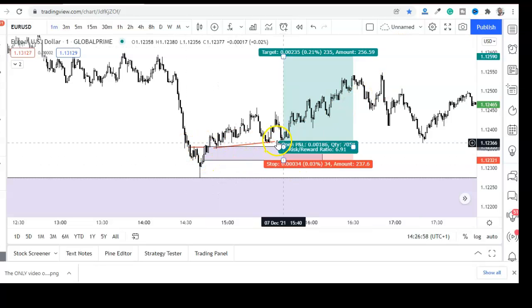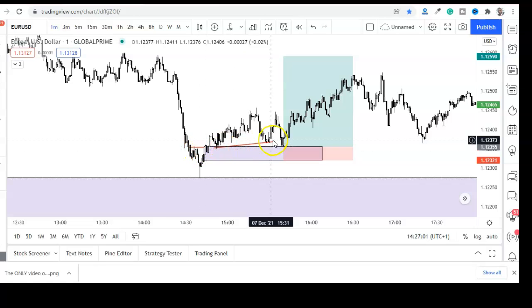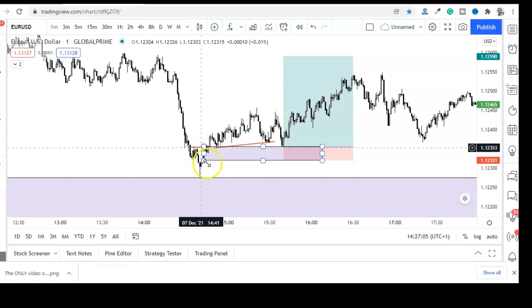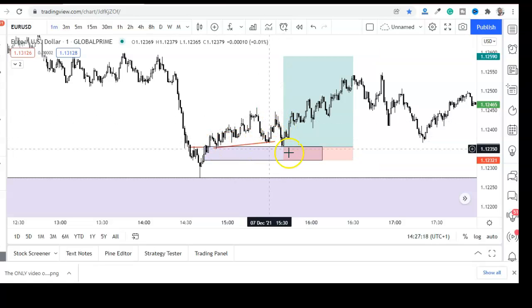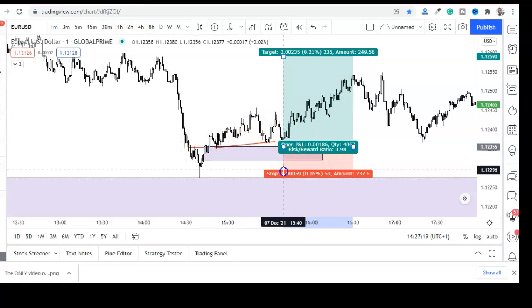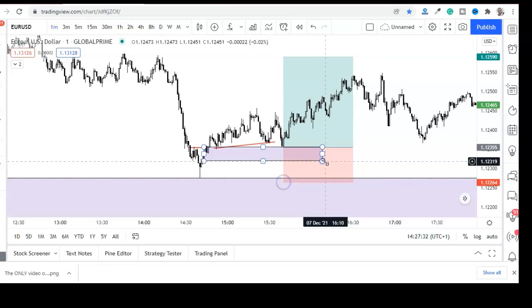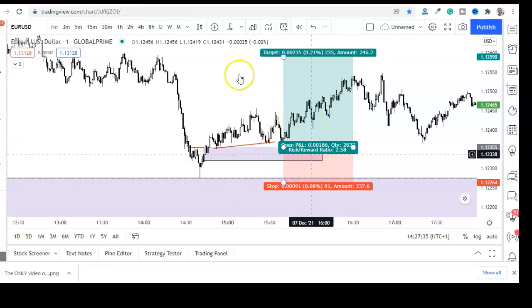But once you understand liquidity, once liquidity is taken on our point of interest from this line here down, this was the other block. This is another block, simply a sell to buy. So once price goes back there and there's liquidity here, you can take your trade and place your stop loss below this.